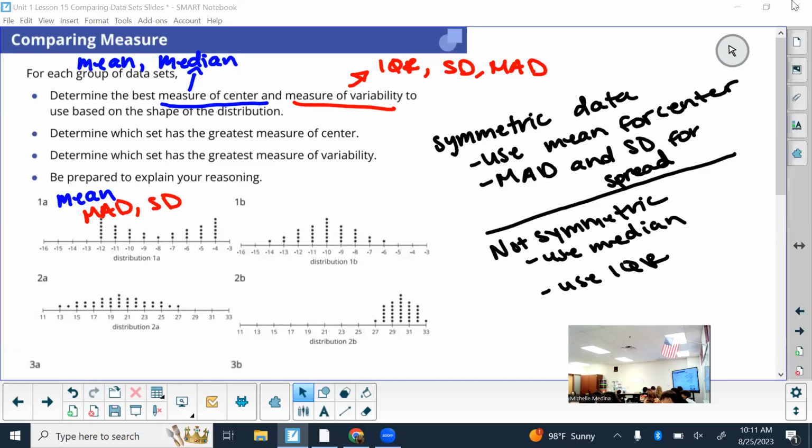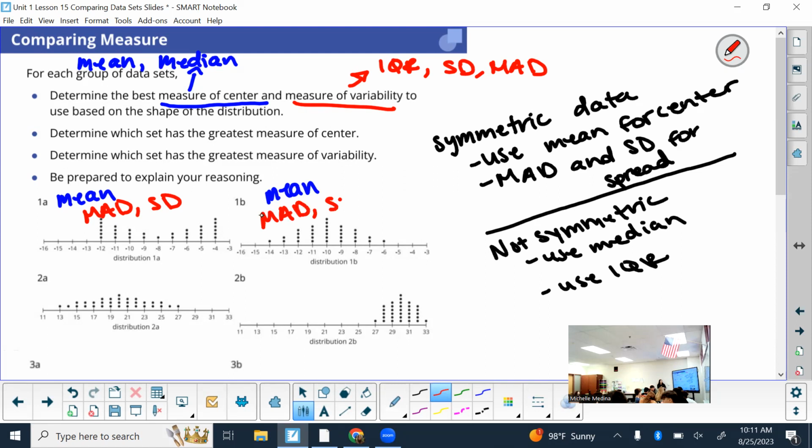Table 3, for 1B, which is better, mean or median? And then what measure of variability is better? MAD and standard deviation. As we go through these, if you disagree, please raise your hand and we can talk about it.